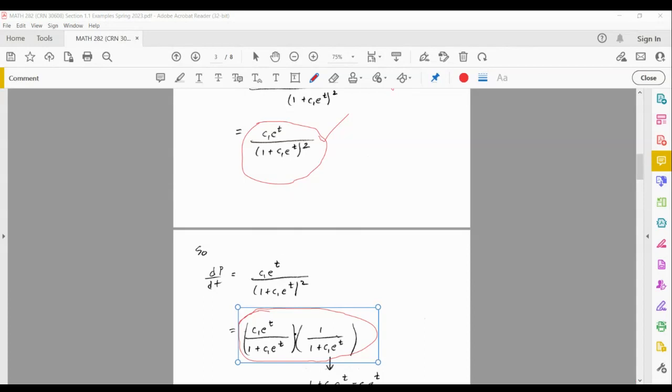Now, why would I want to do that? Well, it's going to allow me to show that dp/dt equals p times 1 minus p.